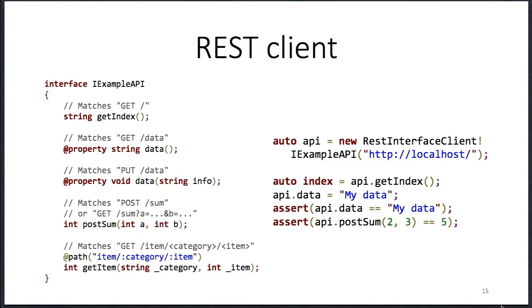And you can use parameters, which will get taken from the POST request body or from the query string. And of course, you can customize the path using user-defined attributes. This is what it looks like to create a REST client.